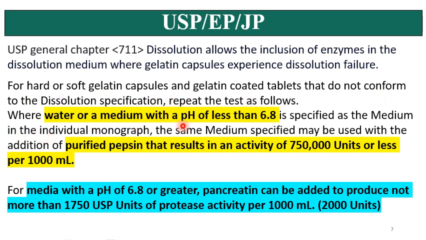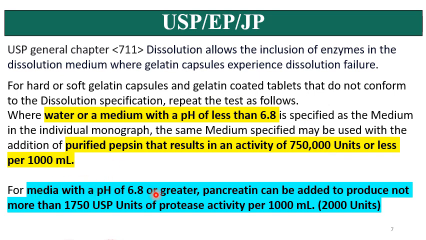Where water or a medium with pH of less than 6.8 is specified as the medium in the individual monograph, the same medium specified may be used with the addition of purified pepsin that results in an activity of 750,000 units or less per 1000 ml, that is per liter. So if the pH of the medium is less than 6.8, then use pepsin.